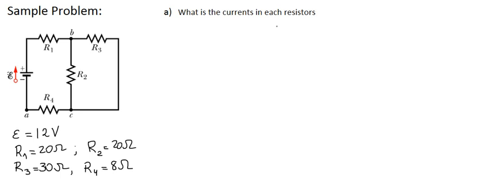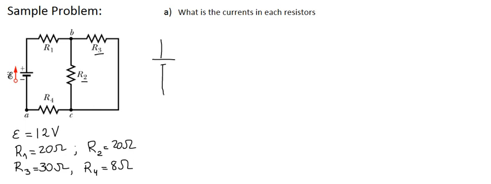So let's see. In this kind of problem, let's think first if we have some resistors that are in parallel or some of them are in series. If you look at it, R2 and R3 are in parallel. So we can change the circuit with a new one.